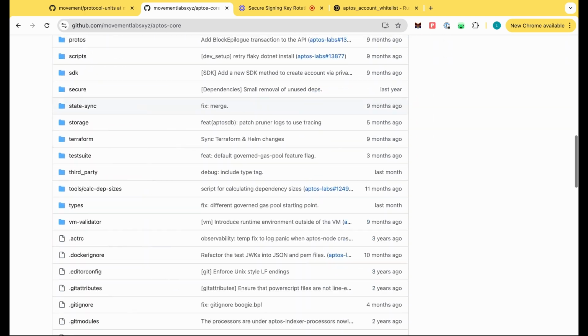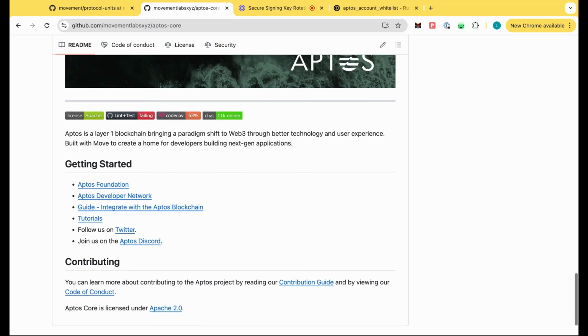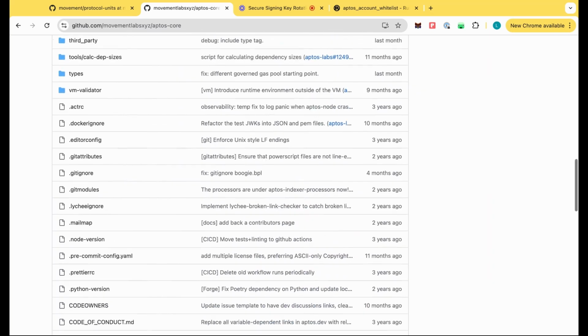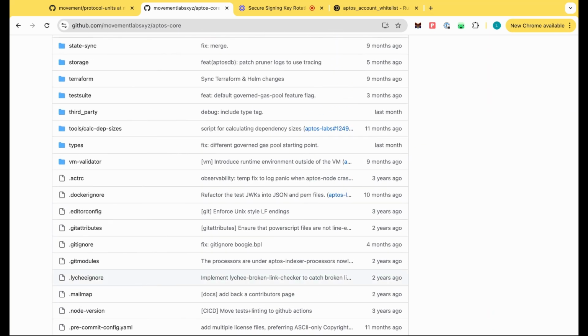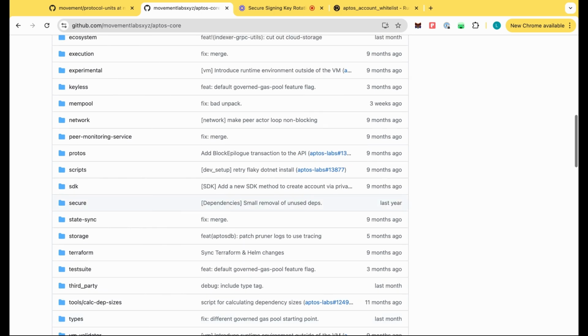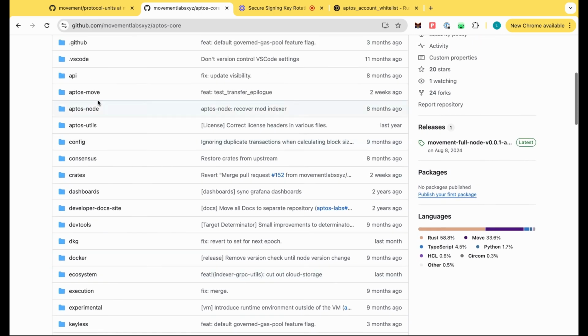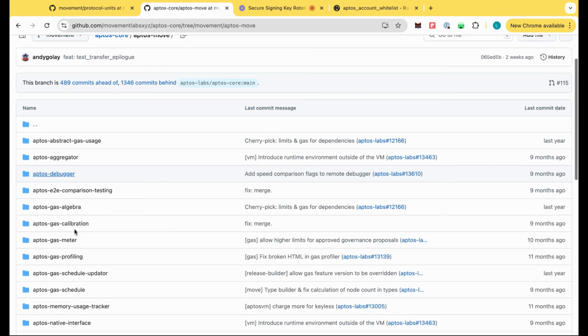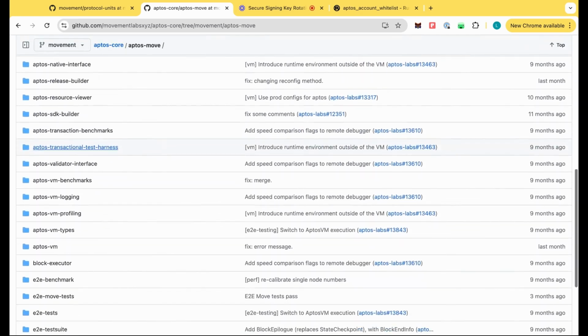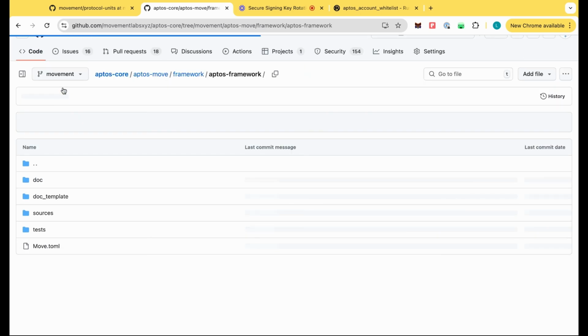It is just a fork of Aptos core from Aptos Labs. The things we've changed are the framework and the block executor, and then just a bunch of stuff for visibility. So when you're looking to poke around in the framework, you're just going to want to go into Aptos move, framework, and then Aptos framework.